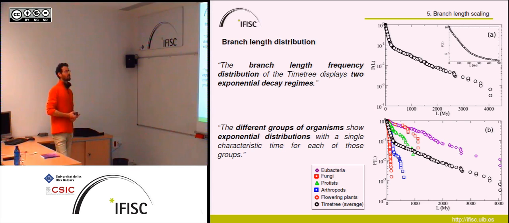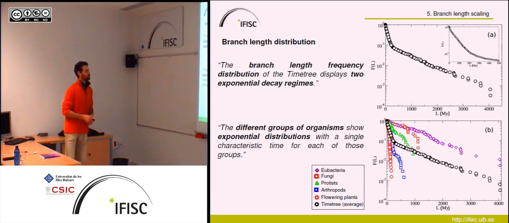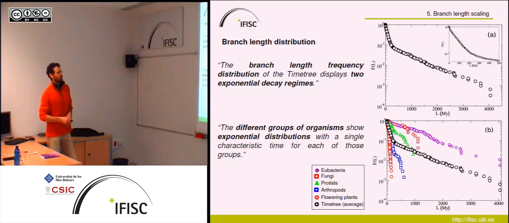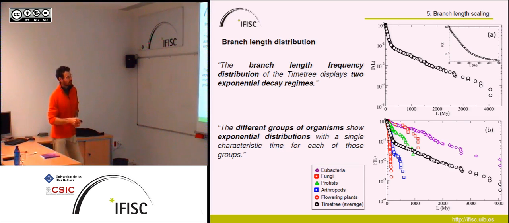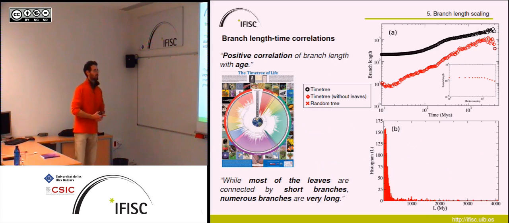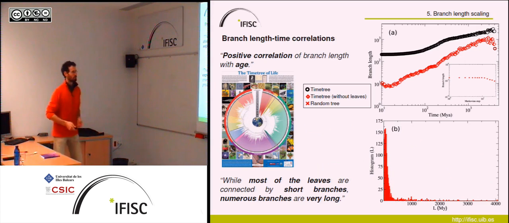Analyzing the branch length frequency distribution for the different groups of organisms, what we observed is that the exponential distribution for each group displayed a single characteristic time, which made us conclude that this double exponential behavior was given by the combination of the different exponential regimes from the different groups.